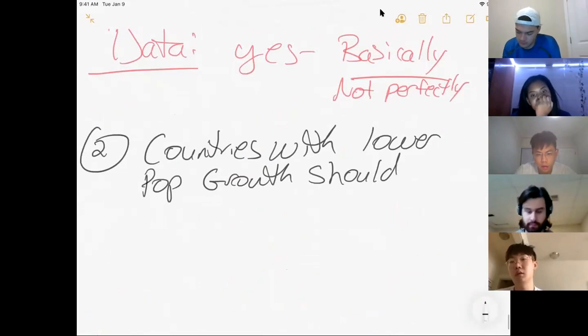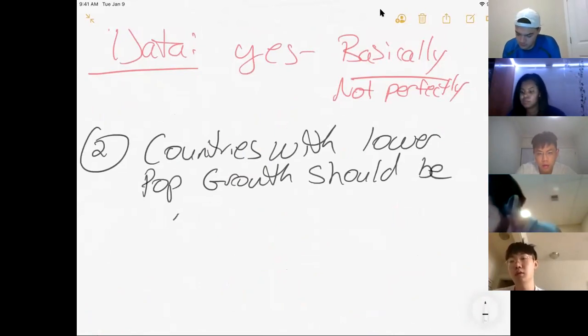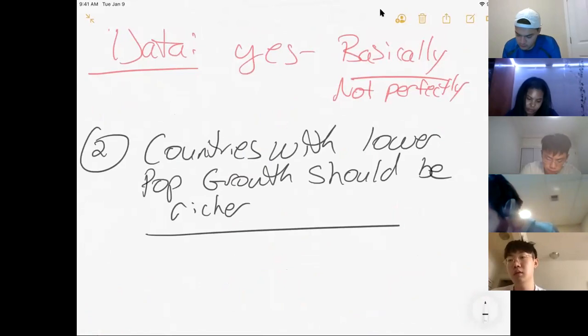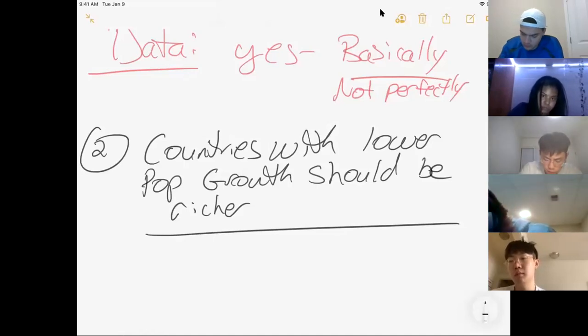Countries with lower population growth should be richer. And so this is where I want to pick up this afternoon. Why exactly should countries with lower population growth be richer?